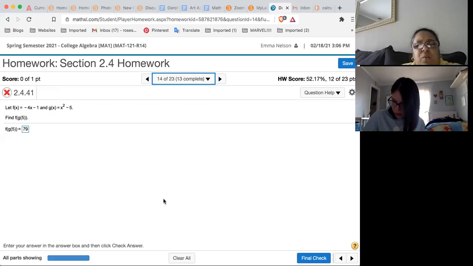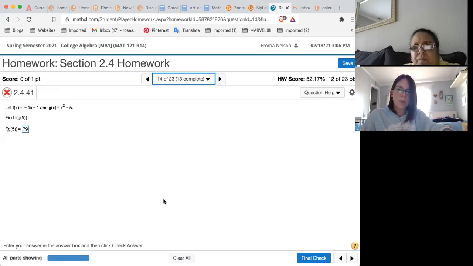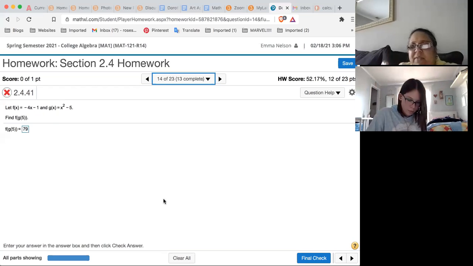Okay, so why did you do 1 as your x value? Because I just replaced the x with a 1 and squared it. Right, but you actually want to use this number 5 over here because that's the number they're asking you to specifically evaluate this at. So just always go with the number they are giving you.